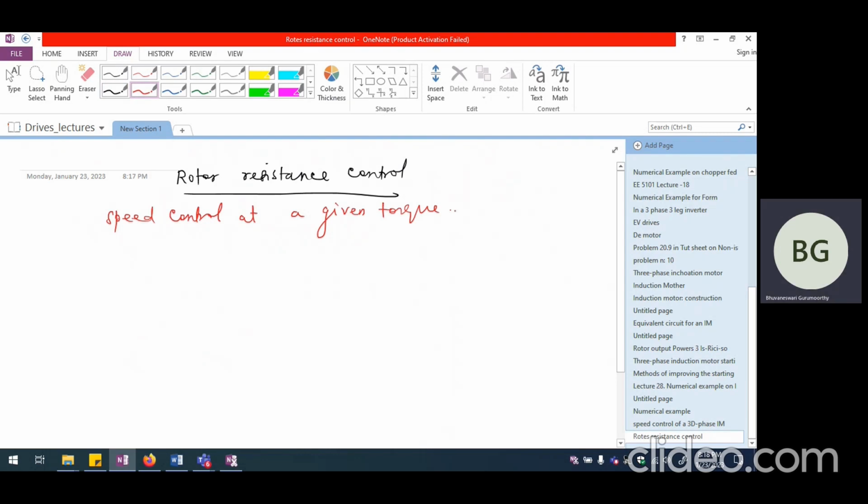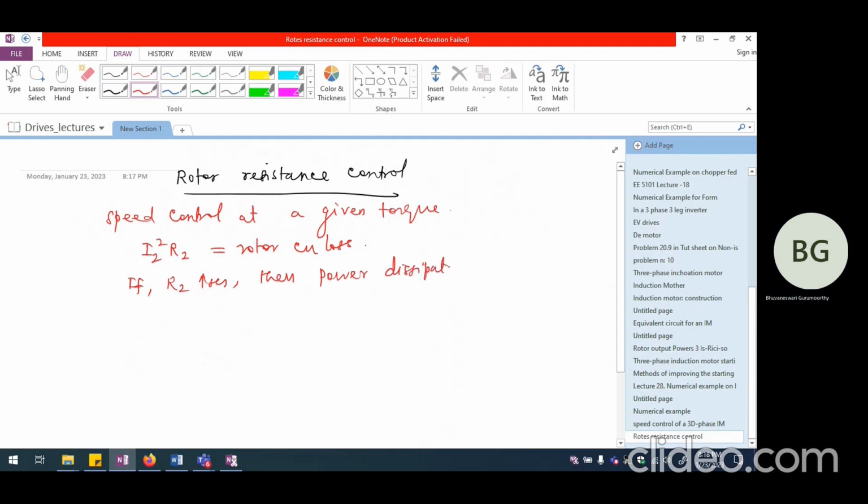However, this is going to be a lossy method because I2 square R2 is the rotor copper loss. So if R2 increases, then the rotor copper loss, or power dissipated in the rotor resistance, will also increase.